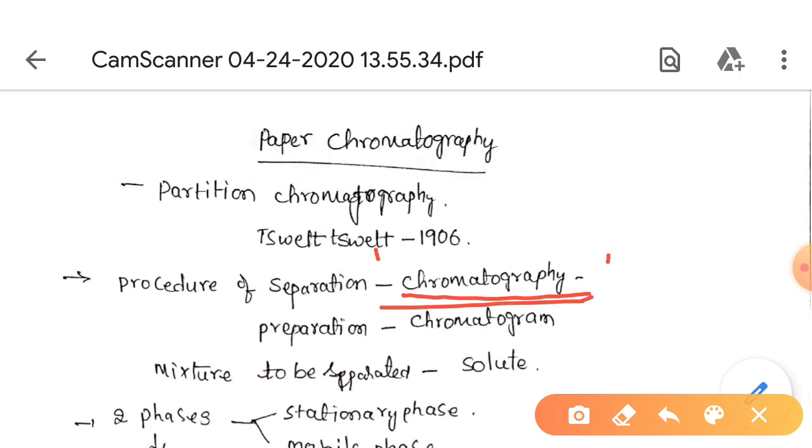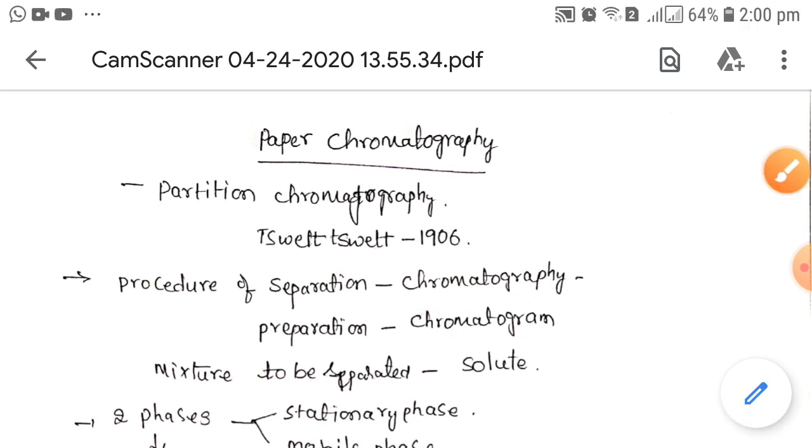The procedure of separation is called chromatography, and the preparation is called a chromatogram. The mixture to be separated is called the solute.